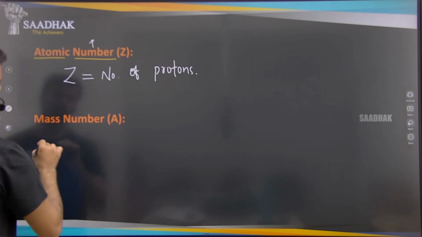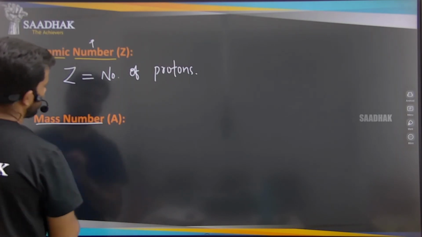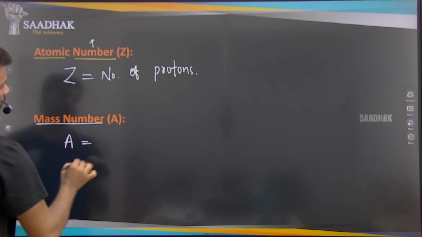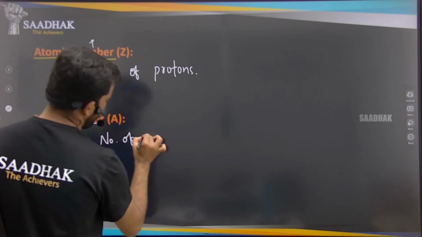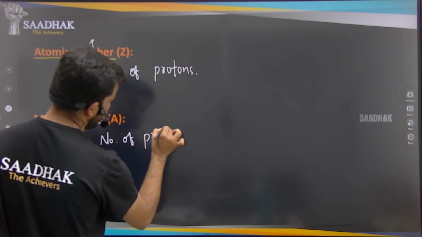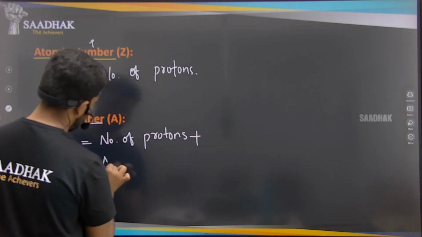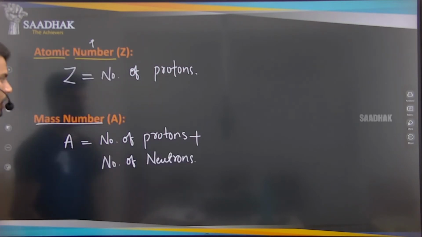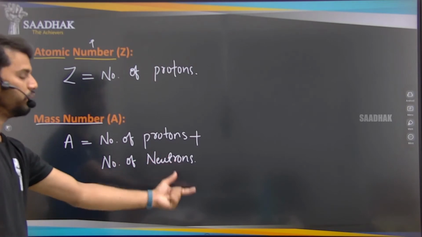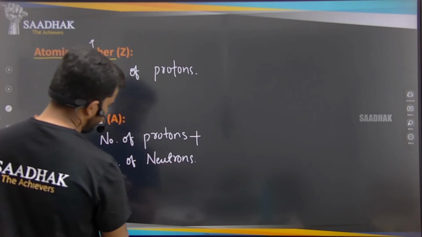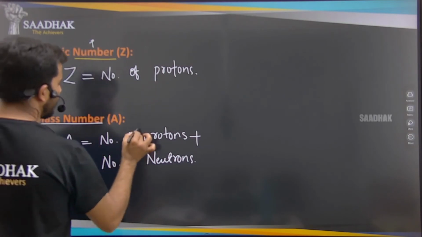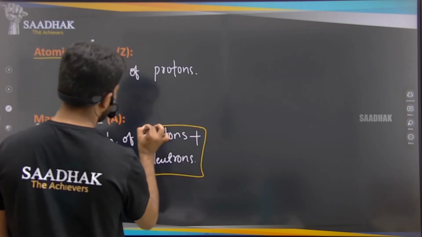Next we have mass number. Mass number A is nothing but the number of protons plus the number of neutrons. And where do we find these protons and neutrons?